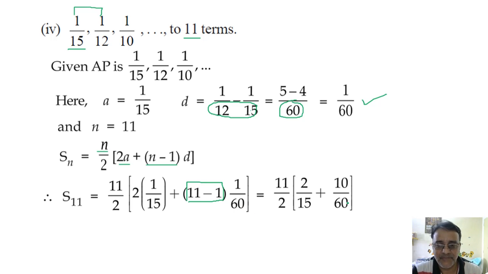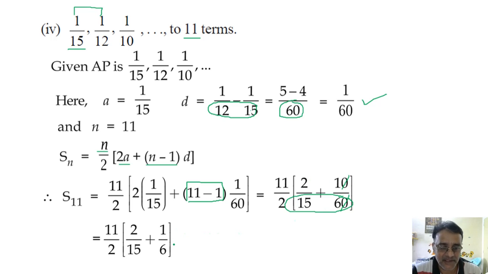Clear? You can simplify also, otherwise you can take the LCM, it is up to you. If you take the LCM, you will get 60, and here 8 will come, 8 plus 10. If you cancel, it will become 1 by 6.